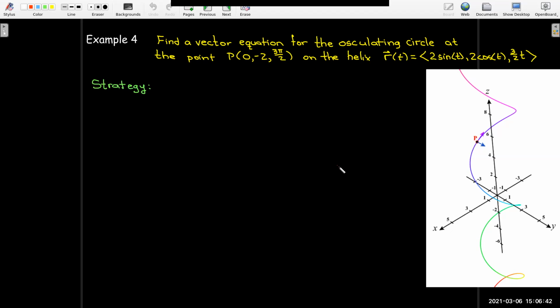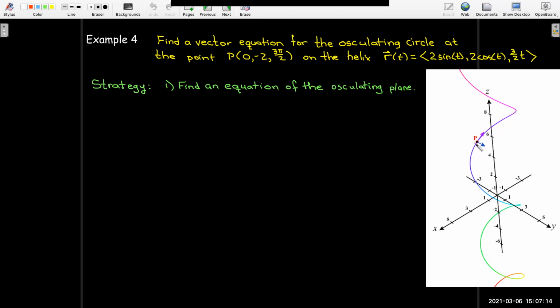So our strategy is going to be, well, in order to find the equation of a circle, I need to know its center and its radius. And I need to know a little bit more because this is not a plane circle. I need to know the equation of the plane in which the circle lies. And I can get that by finding the equation of the osculating plane.